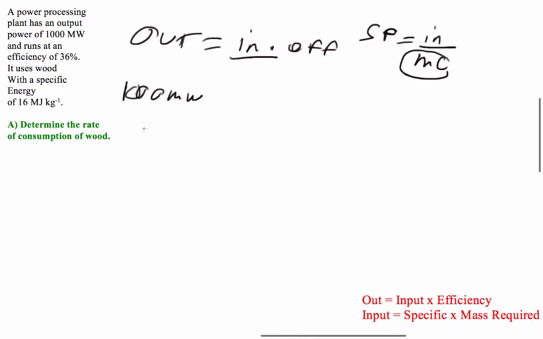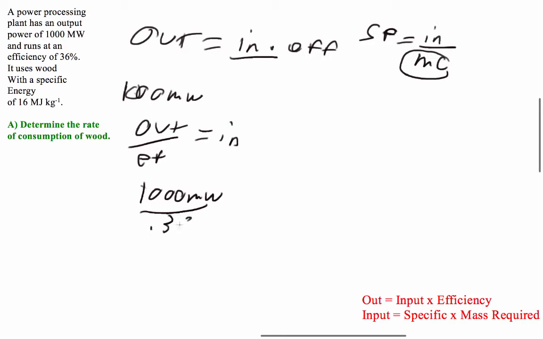If we rearrange this, it's going to be out over efficiency equals in. So that's 1,000 over 0.36, because it's efficiency percentage, and that's going to give us 2,777 megawatts for the input.